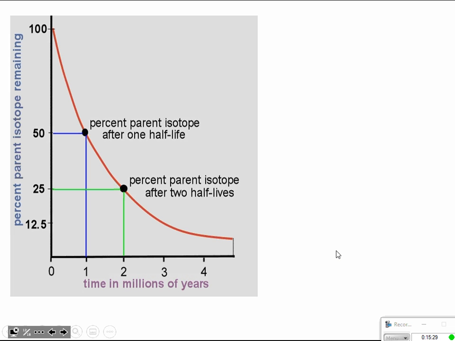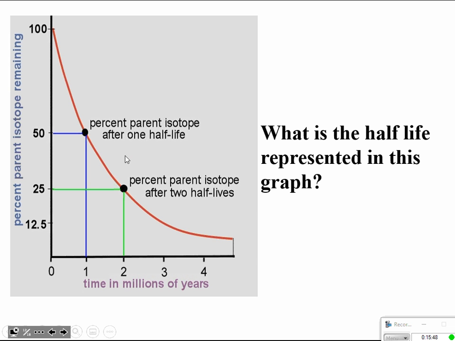On this slide, it's a little bit different because on the x-axis, we have time in millions of years. And on the y-axis, we have percent parent isotope remaining. All right? So as I'm looking at this one, I can see my very first half-life right here. From 100 to 50 took 1 million years.